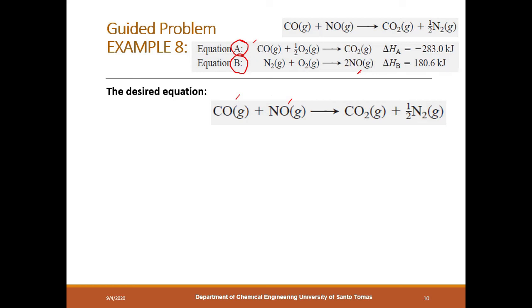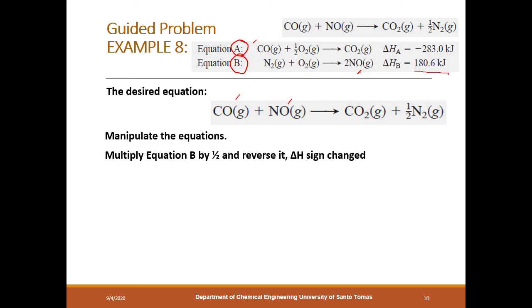So therefore, we will also be dividing the whole equation by 2 in order to follow the coefficients of the desired equation. When we do that, you have to take note that we also will be putting in half the amount of energy that is involved in the creation of 1 mole of nitric oxide. So to show that, we have this equation.